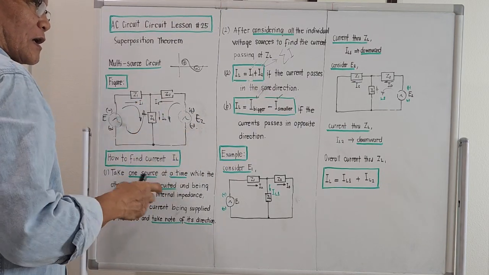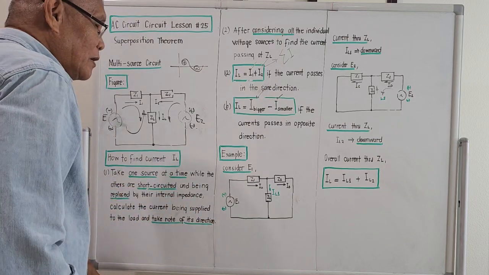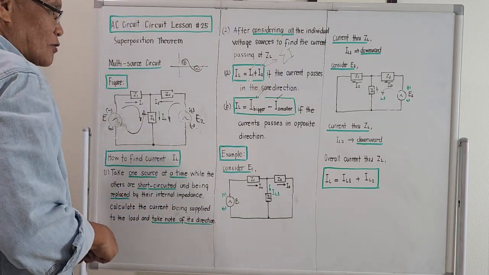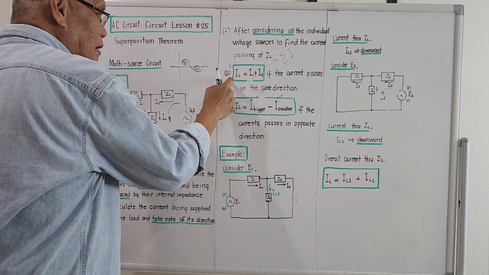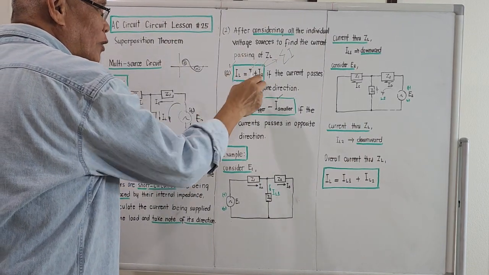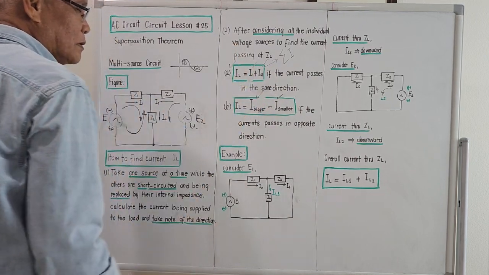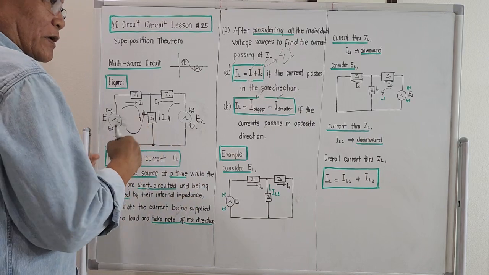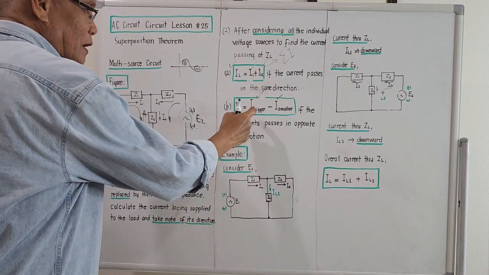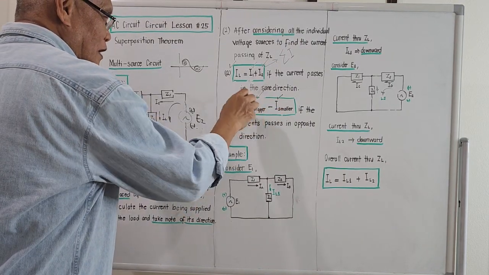And again, I will repeat it for the last time. If the current passes through the load in one direction, the total current passing through that load will be I1 plus I2. And if the currents are against each other due to E1 and E2, it should be the bigger current minus the smaller current, that is IL.